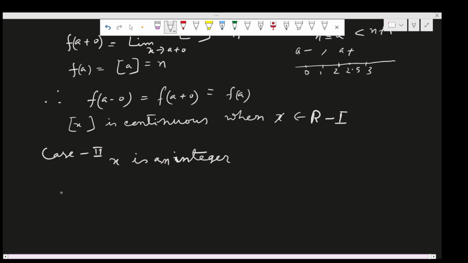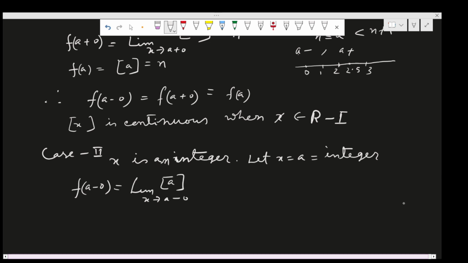In this case also we will consider same left hand limit, f(a minus 0). Here let x is equal to a, an integer. Limit x tends to a minus 0, box x. What will be value of this?